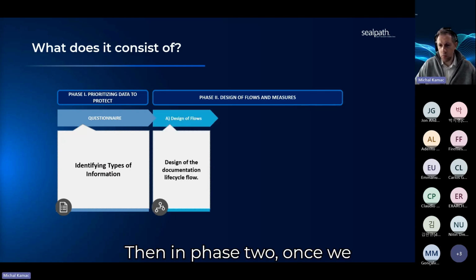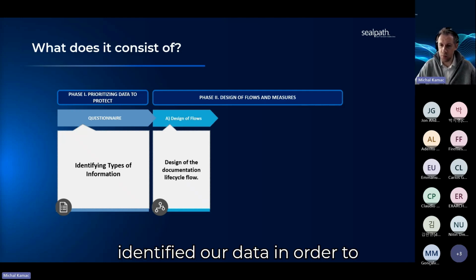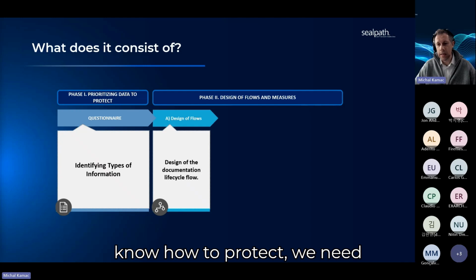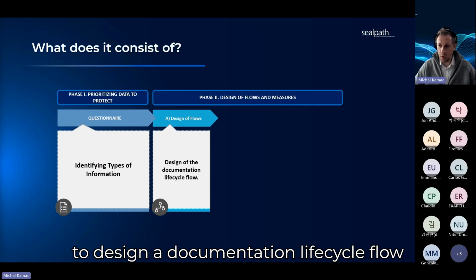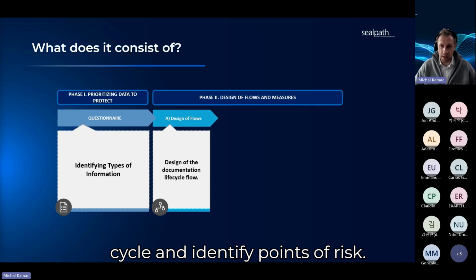Then in phase two, once we have identified our data, in order to know how to protect, we need to design a documentation lifecycle flow, according to the data lifecycle, and identify points of risk.